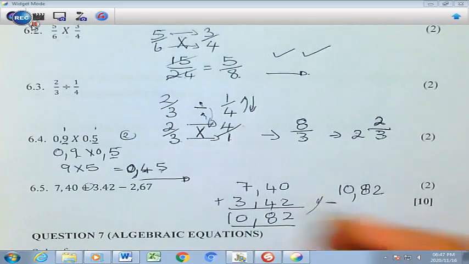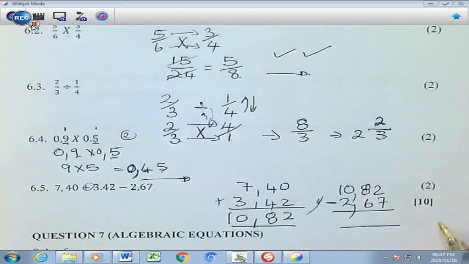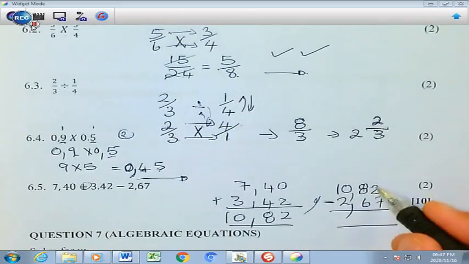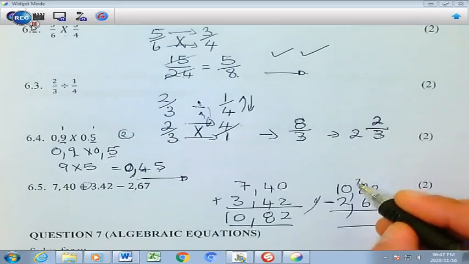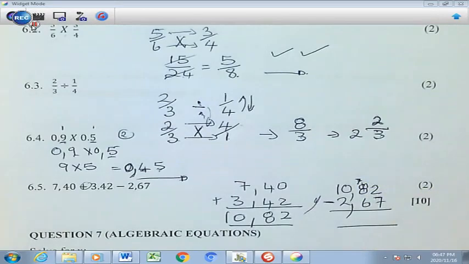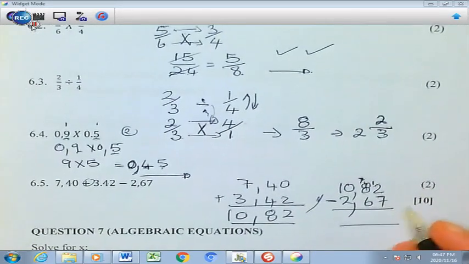You now minus the 2, 6, 7. And that is going to leave you with saying 2 minus 7. You know that can't, so you've got to borrow here. That becomes 7. Remember the rule in grades 6 and 7. That becomes 7. This becomes 12. So it's a 10 that you borrow there.